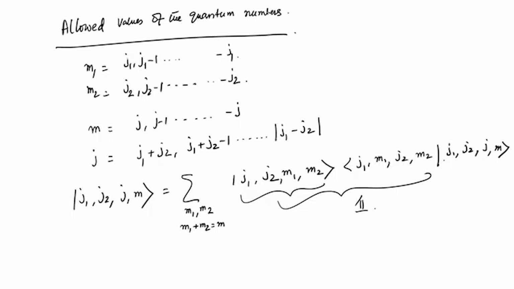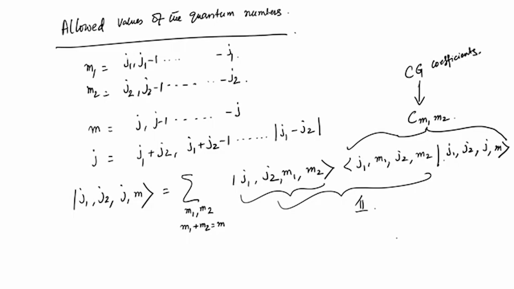This thing is called the Clebsch-Gordon coefficients. We can call it a C M1 M2 because those are the things that are summed over, and these are the Clebsch-Gordon coefficients. We will write in short Clebsch-Gordon CG coefficients, and this is what we want to find out.